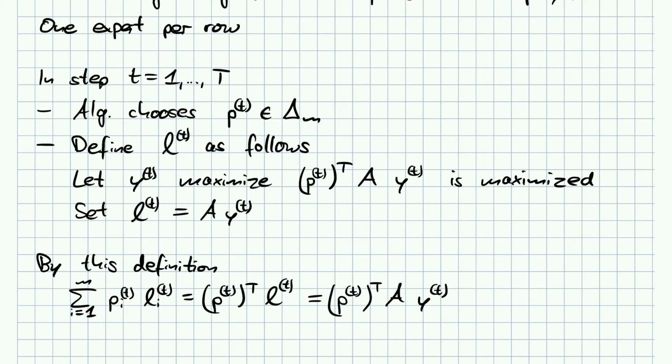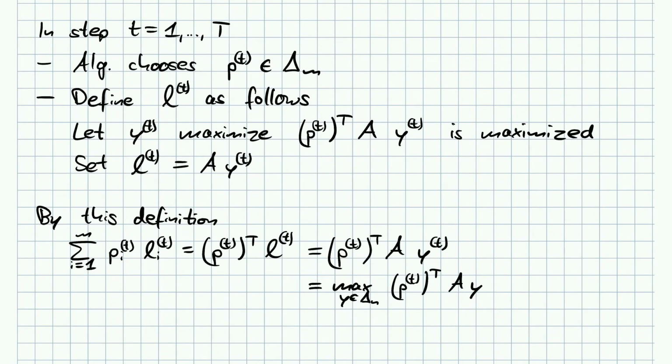So how was this YT defined? First of all, this was exactly defined so that this thing here is maximized. And now PT is something, but this can only be better for the column player than if we were actively minimizing this.